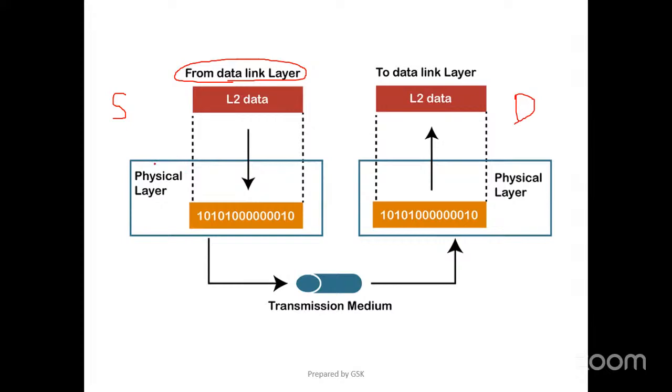This box is the physical layer. The data is converted into bits and transmitted over whatever transmission media we are using between these two devices. At the receiver side, the physical layer receives this data in the form of binary digits, or bits, and submits it to the data link layer. So this is how the physical layer works.